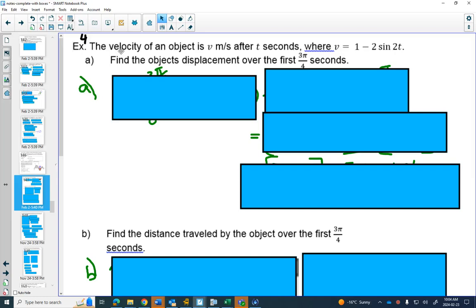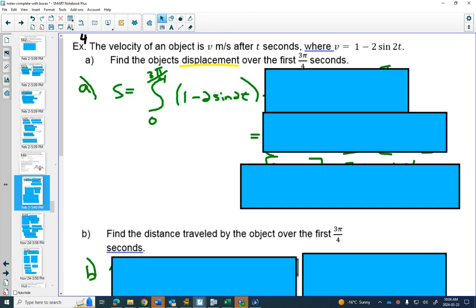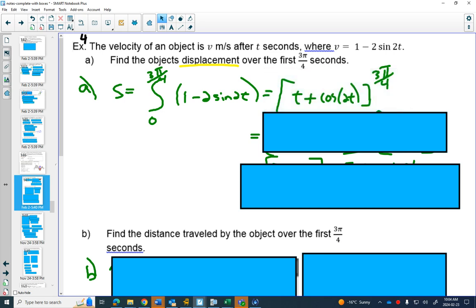We've got our velocity equation. If we want to find the object's displacement, so here is displacement, not worry about positives or negatives, we can just integrate. I can just do the integral from 0 to 3 pi over 4. Now, it's not bad if you're integrating and you kept the 2 out in front and remembered because of the chain rule you'd have to divide by 2.